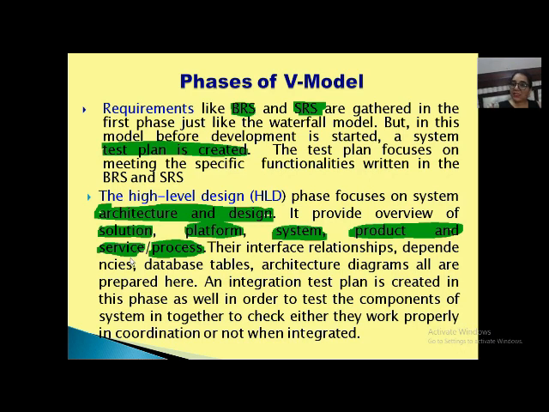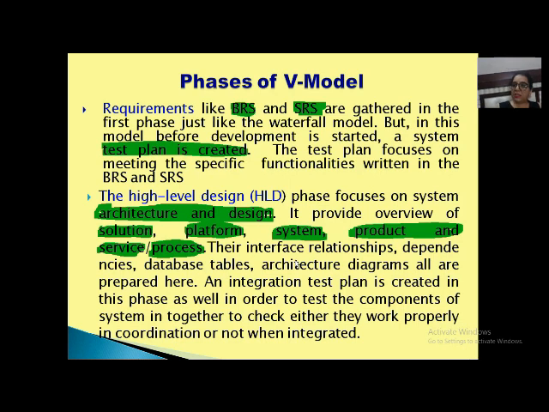That is, you have designs here, that is DFD designs, data flow diagrams and all. Their interface relationships, dependencies, database tables, architectural diagrams, all are prepared here. In this particular phase, it is very important to understand the relationships of interfaces of the different modules.